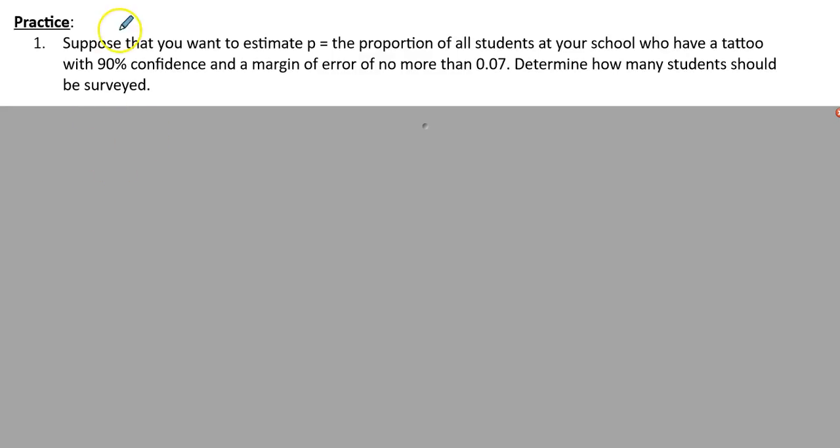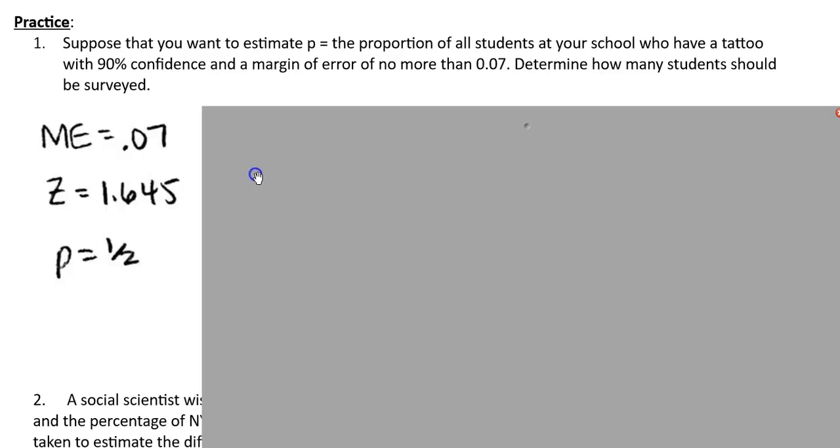Okay, so the first one: suppose you want to estimate the proportion of all students at your school who have a tattoo, with 90% confidence and a margin of error of no more than 7%. Listing what I'm given: I have my margin of error, and the 90% confidence, which I don't use as a proportion; it just tells me Z when I go to my table. Since I don't know the percent of students who have a tattoo, I'm going to assume half do and half don't.